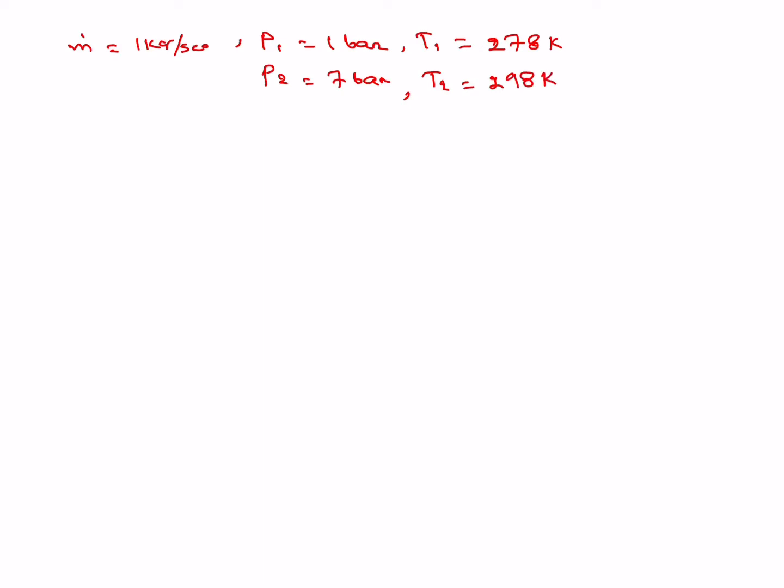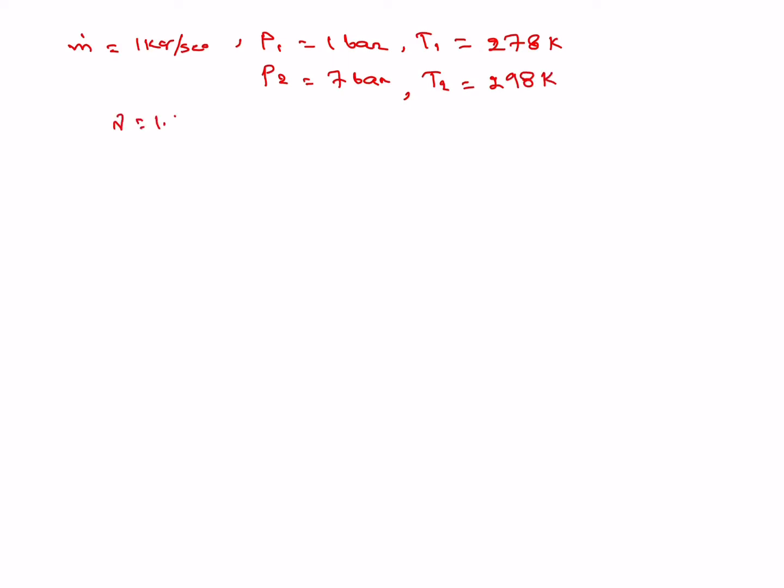M dot value given, mass flow rate 1 kg per second. Then P1 value given, 1 bar. P2 value is 7 bar. T1 given 5 degrees, so 273 plus 5, 278 Kelvin. T2 value given 25 degrees Celsius, 273 plus 25, 298 Kelvin.